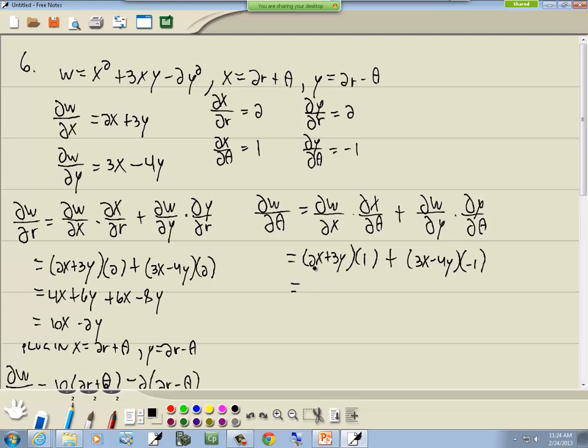Do a little bit of simplifying here. That gives us 2x plus 3y. Negative 1 times 3x is negative 3x. Negative 1 times negative 4y is a positive 4y. Which gives us negative x. 3y plus 4y is 7y. And now let's plug in our x is equal to 2r plus theta, and y is equal to 2r minus theta.